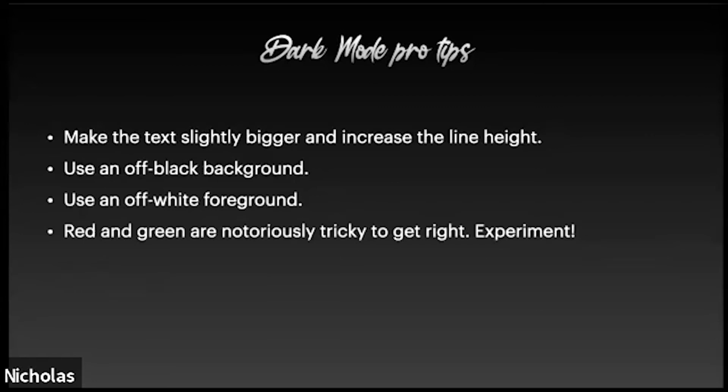As I said before, red and green are notoriously tricky to get right on top of a basically off-black background. You need to experiment a lot, and you may need to use some of the free tools to simulate someone that has red or green color blindness to see if the end result is invisible or hard to read for them.